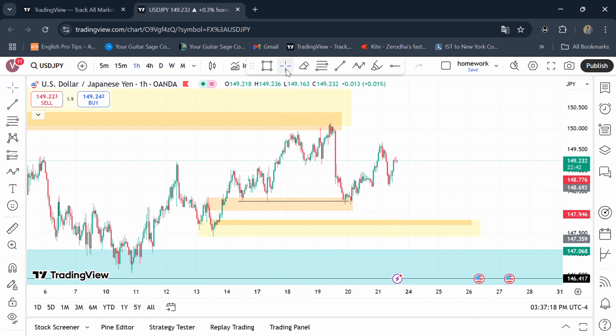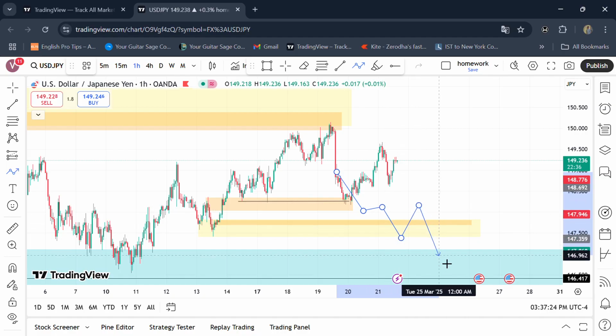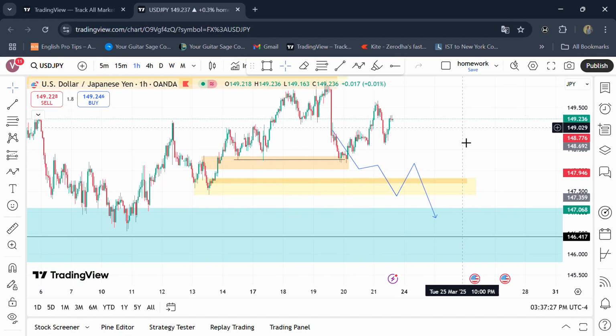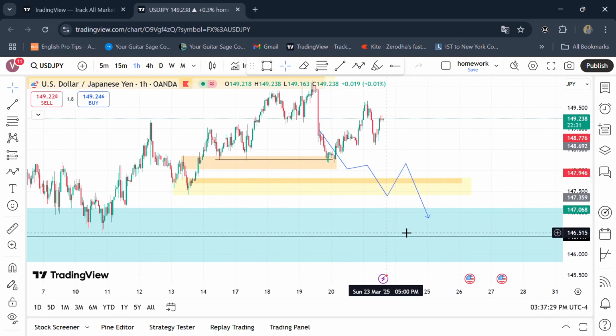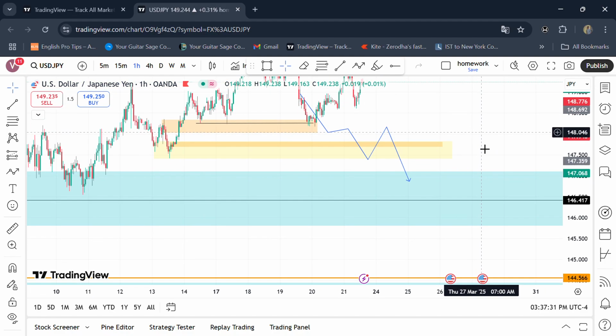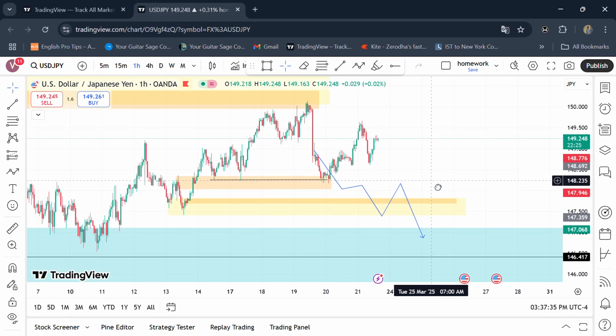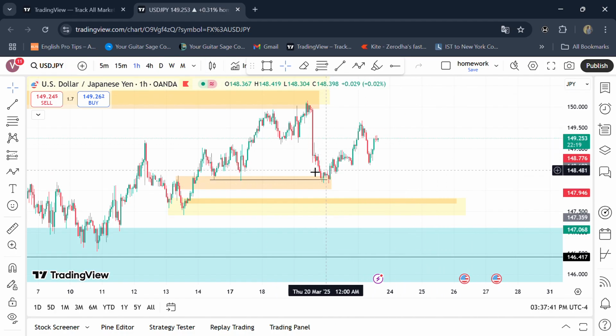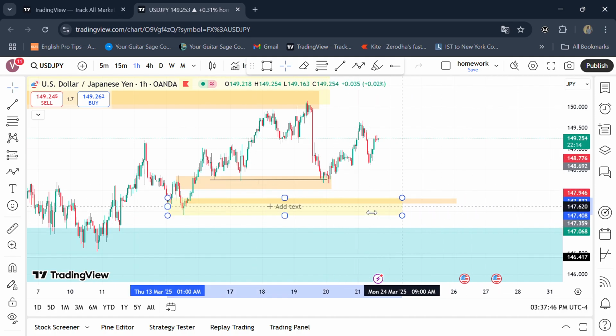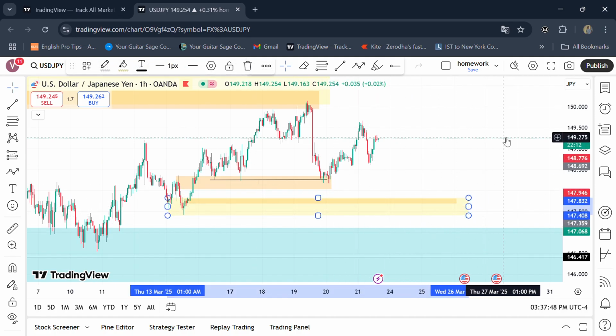But if it would have pierced this, then it is very clear that it wanted to take these lower liquidities, this lower 1 day order block. So the only deciding factor was this order block, and it was not yet tapped.